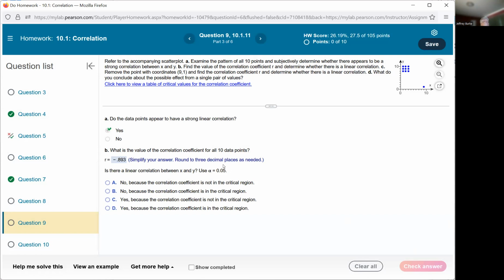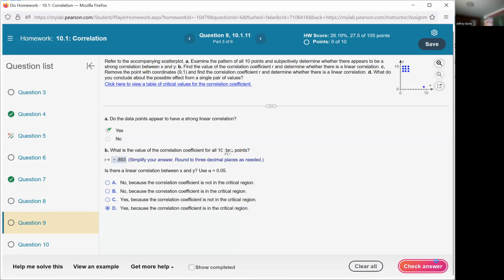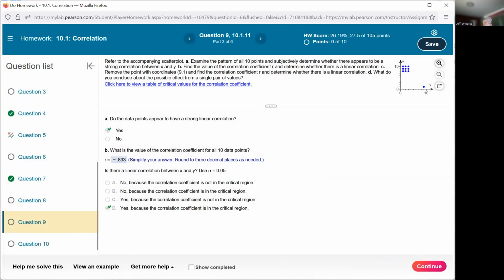Yes. Use the level of significance 0.05. So as long as p is less than 0.05, then there's a significant correlation. So yes, because the correlation coefficient is in the critical region. Okay, so that's how a question like that is handled.